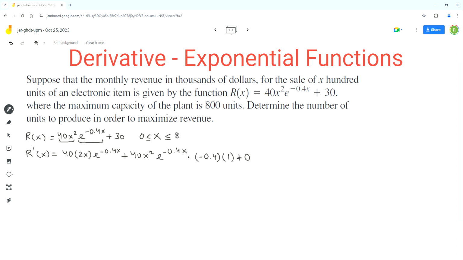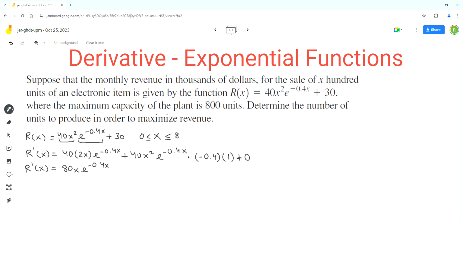Now we can simplify this expression. So 40 times 2x is 80x. Now in the second part, negative 0.4 times 1 is negative 0.4, and we can multiply negative 0.4 by 40.